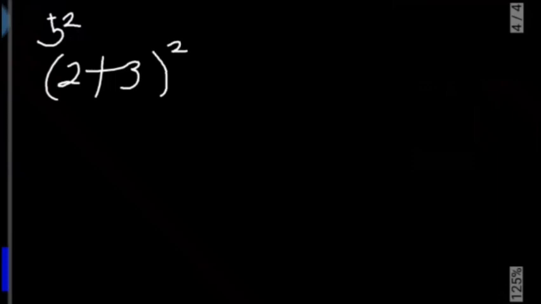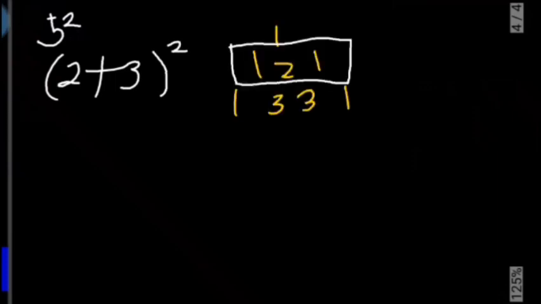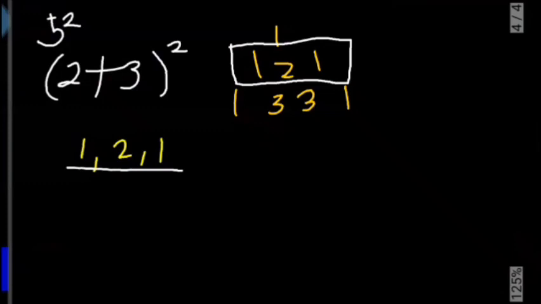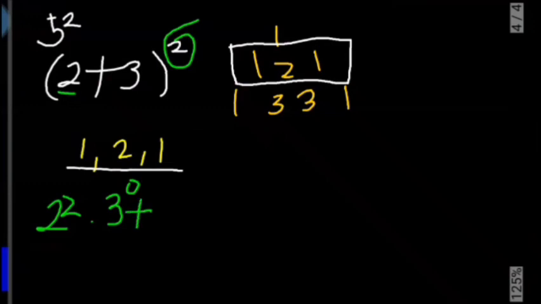So using the Pascal Triangle, since we are expanding in power of 2, the coefficients there are 1, 2, and 1. Since we have our coefficients, let's now expand. Don't forget what I told you before. You pick the first term, you raise it to the power in the question, that's 2 raised to the power 2. Then you multiply by 3, the second term, and you begin from 0. Plus, leave a space.